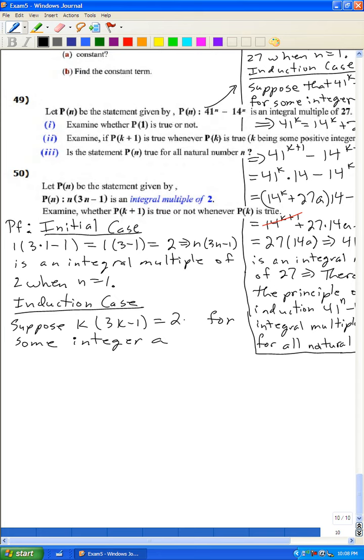It's supposed to be an integral multiple of 2. Okay, so for some integer a. Okay, so let's do that. Okay, so k plus 1 times 3k plus 1 minus 1.